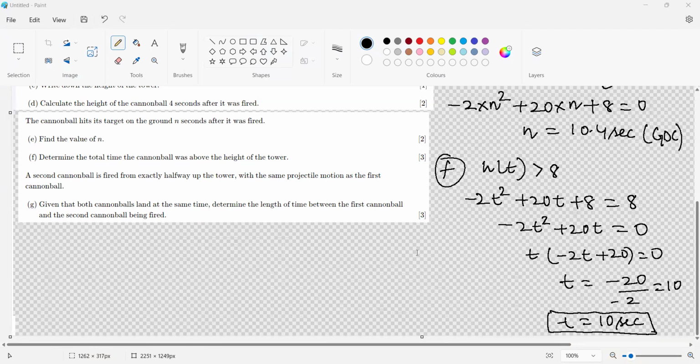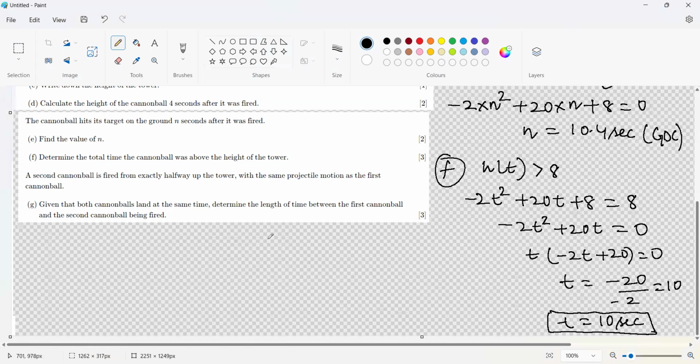The second cannonball was fired from half of the first cannonball's tower height. It means the second cannonball will be fired from 4 meters, because the first cannonball was fired from 8 meters.